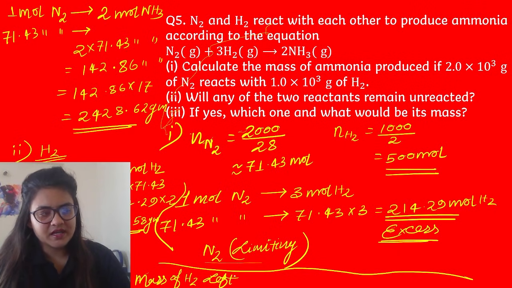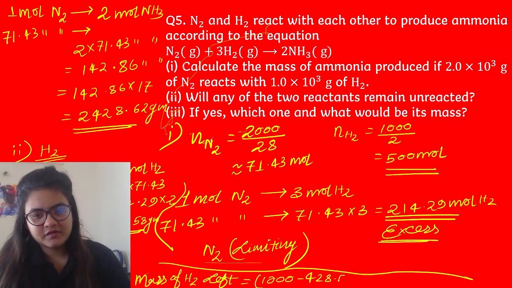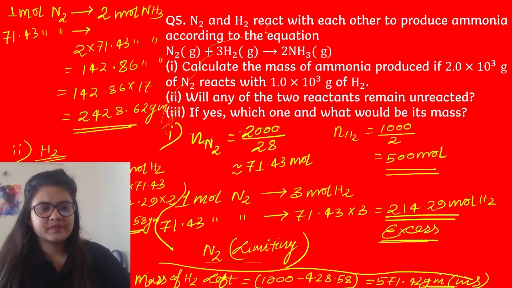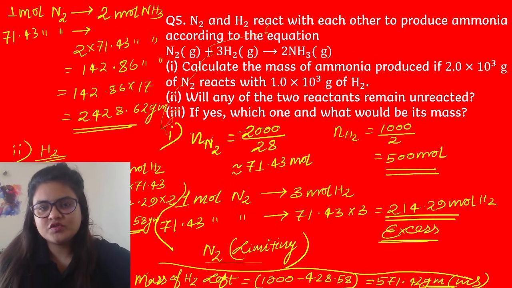So the mass that will be left is 1000 minus 428.58, which gives you 571.42. So this much amount of hydrogen will be left out. So this is the answer to question 3. Okay, I guess this is clear to you.